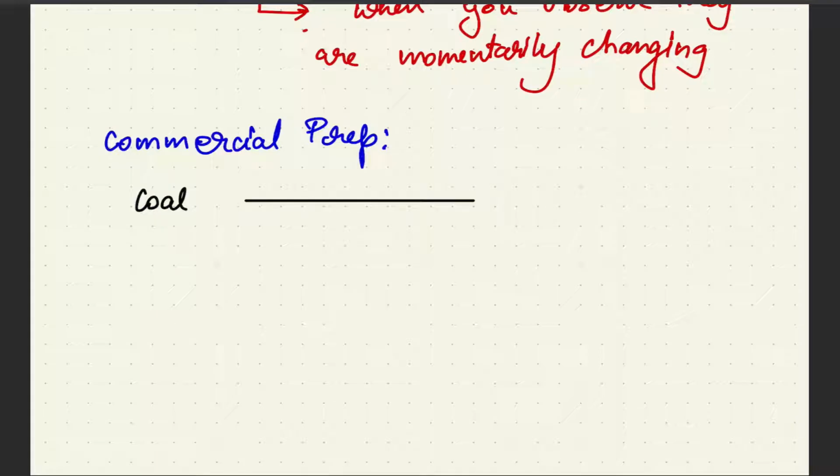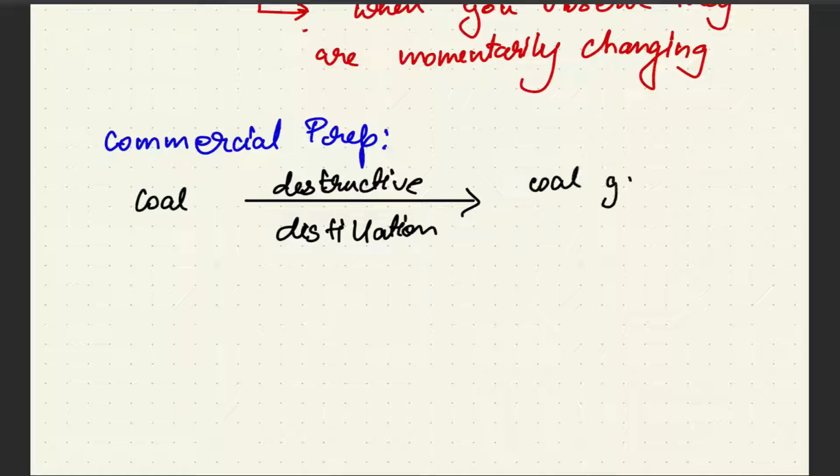So for coal, we use destructive distillation, and then we end up getting coal gas plus coal tar, and then coke and ammoniacal solution.